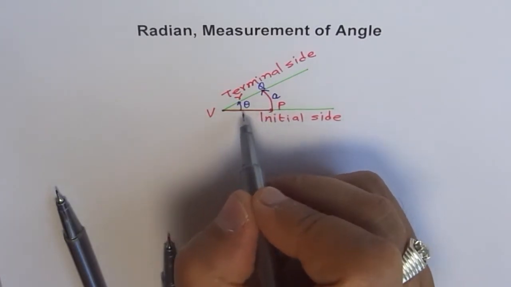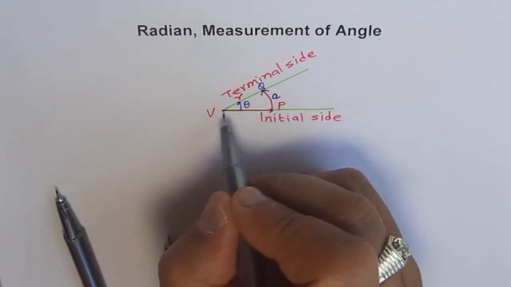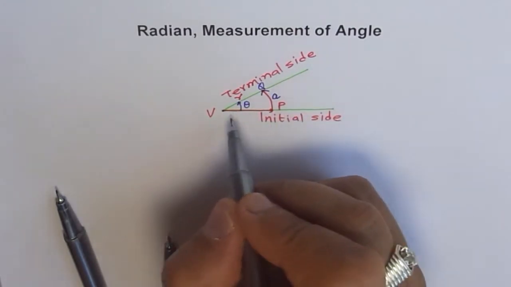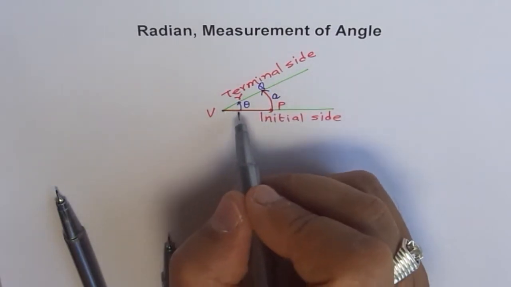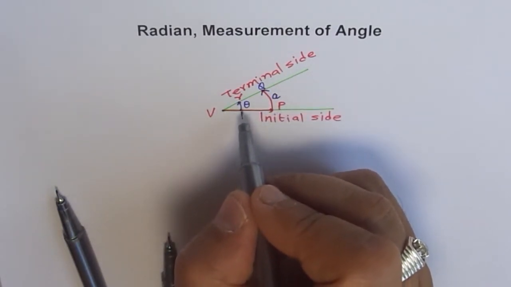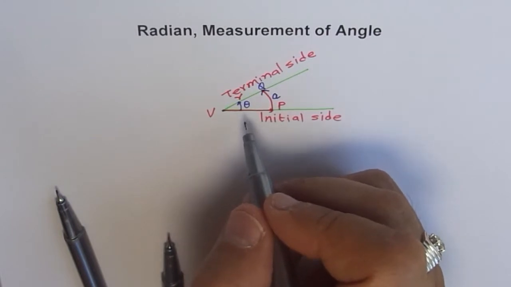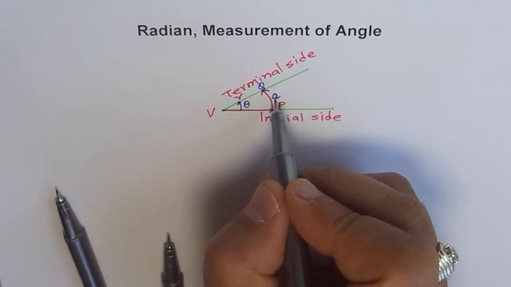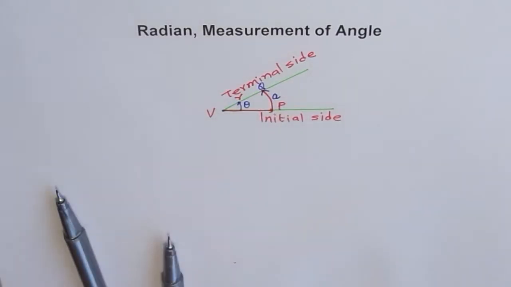And at that point, let the angle formed by the two arms, one the initial side, the other the terminal side, be theta. Okay. Now, we will try to develop a relation between theta and the arc length A.